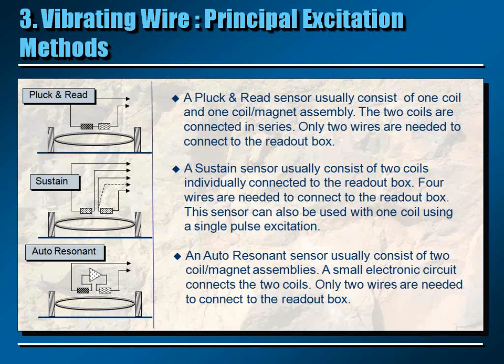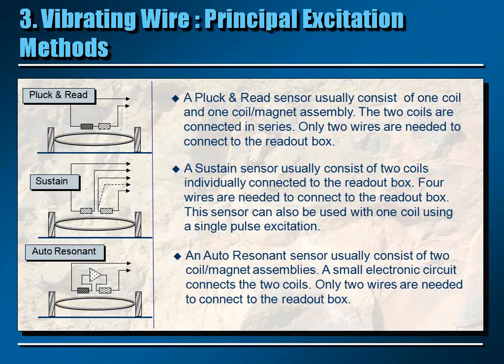With this method, you have two coils that are connected together with two wires, and both coils will be used at one moment for exciting the wire, and then the same coils and the same circuit will be used for reading the vibration. This is the pluck and read method.